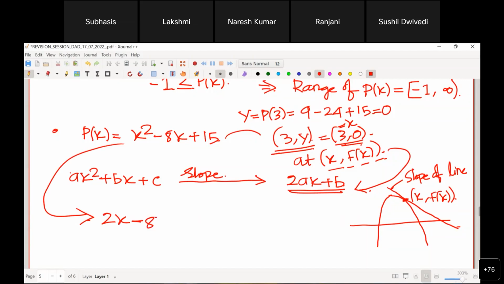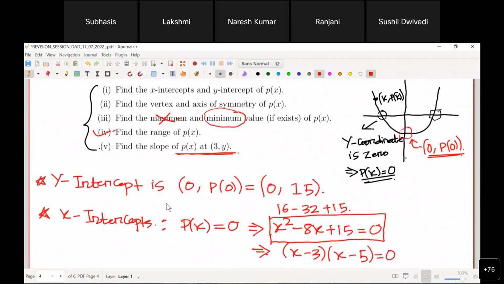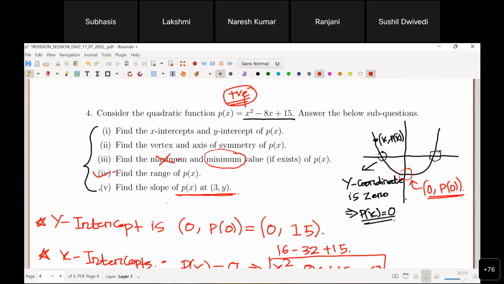Once we substitute x equal to 3 here, we get minus 2. So this is the slope of the parabola at point 3 comma 0. So I guess we have computed the slope of the parabola.